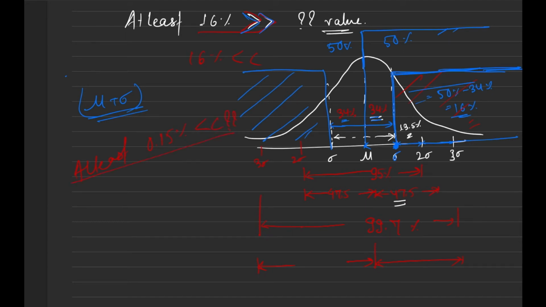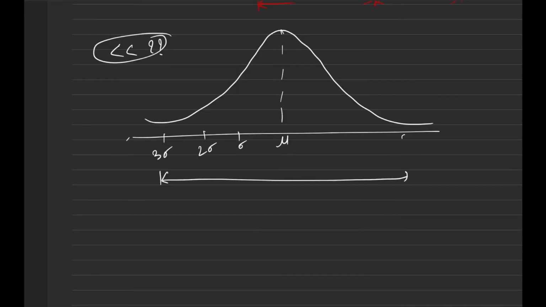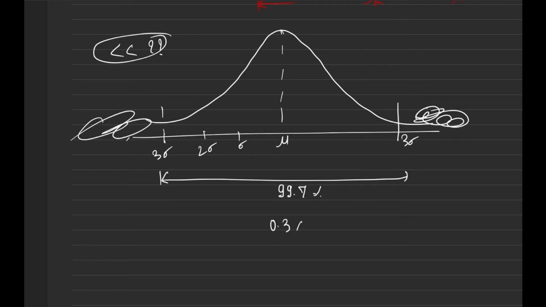Now when I say less, I need to care about the left hand side of the graph. Now we know that from here to here, within three sigma, there will be at least 99.7%. That means the remaining from here to here will be at least 0.3%.